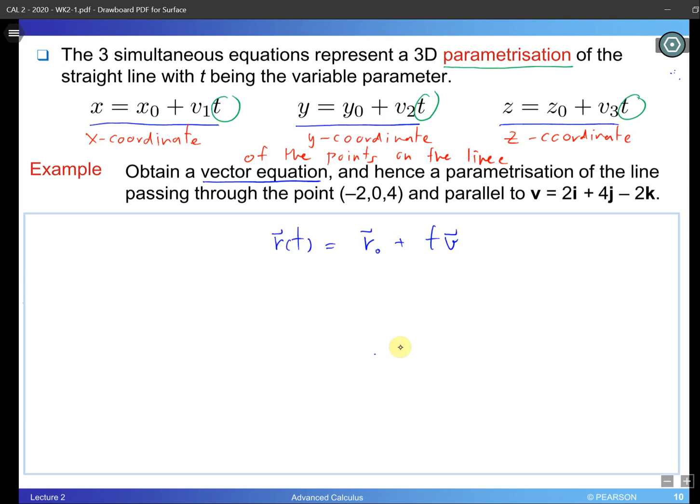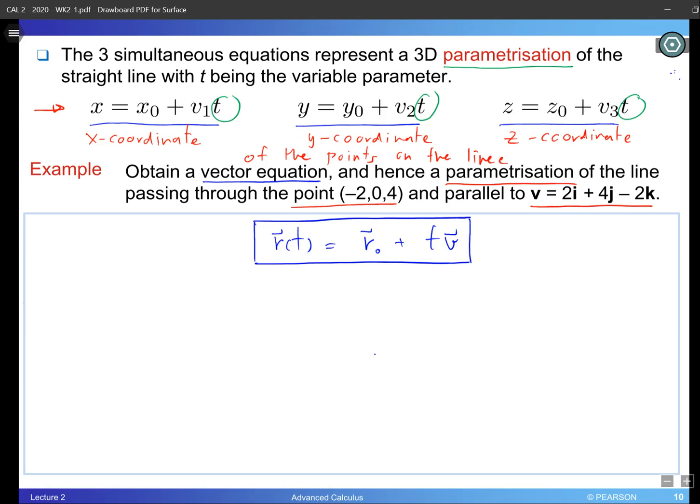They want the main formula for the vector equation of a straight line in space. And also they want the parametrization, which means that they want this kind of representation of this straight line. Okay, and they want these two for the line passing through the point (-2, 0, 4). So we get one point on the line, and we also get a vector v that is parallel to this line. So why don't we put this information into a graph so that we can see what's going on.